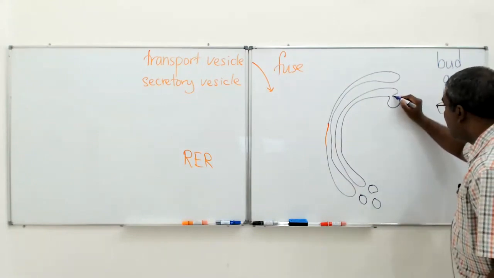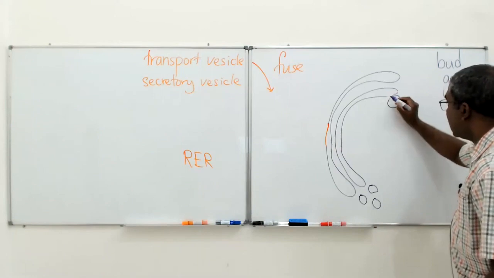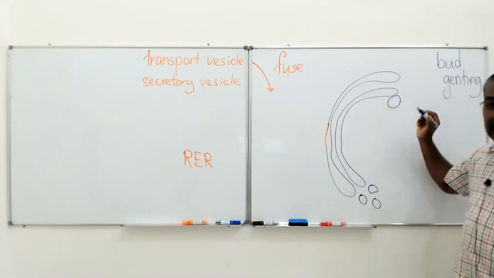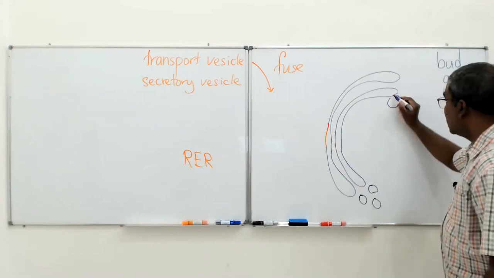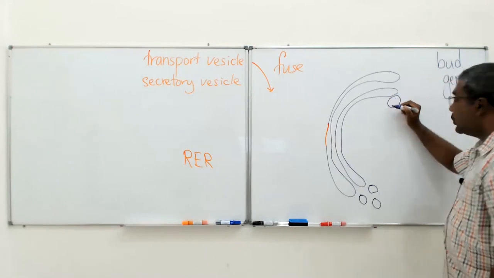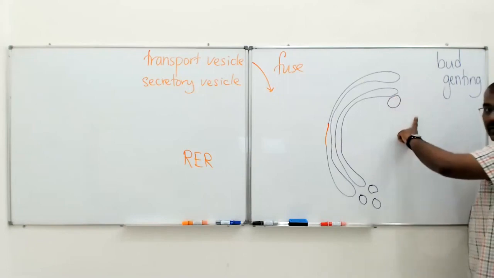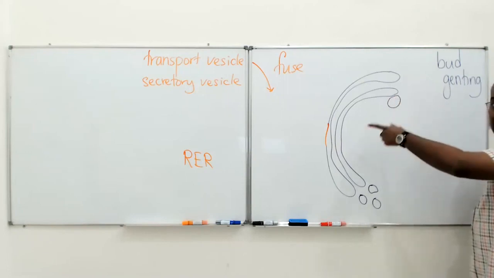Contoh begini. This one becomes rapat. This also becomes rapat. Kemudian dia akan putus. Bila putus, dia terpisah daripada Golgi apparatus. It is separated from the Golgi. We call this bud off, digentingkan, menggenting.